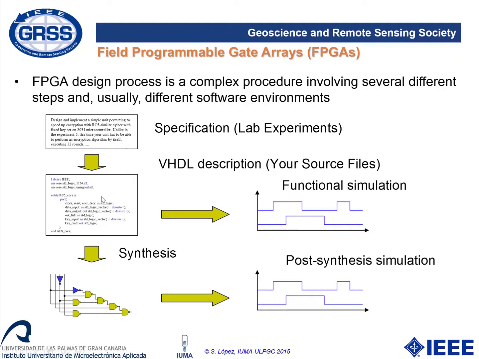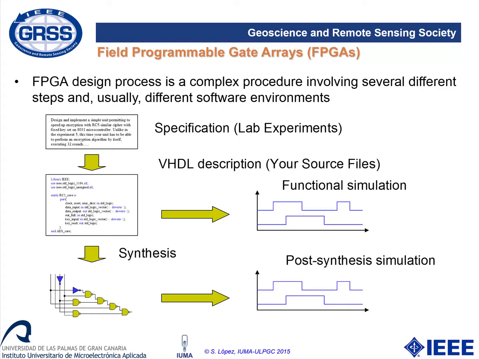These are languages in which we can express which things are happening in parallel and which things are happening in a serial fashion. With this code we can perform, by utilizing different software tools, a functional simulation, which means a simulation in order to know if the code is doing what it is supposed to do according to the specifications.